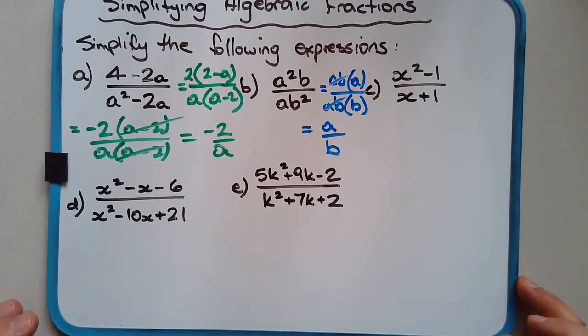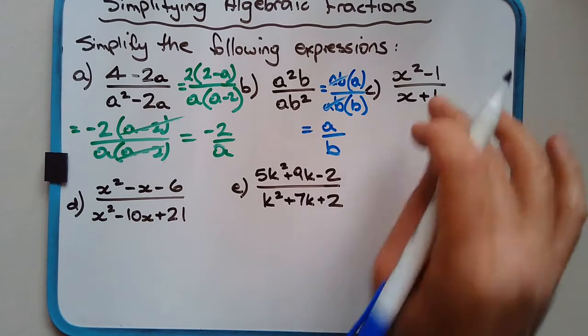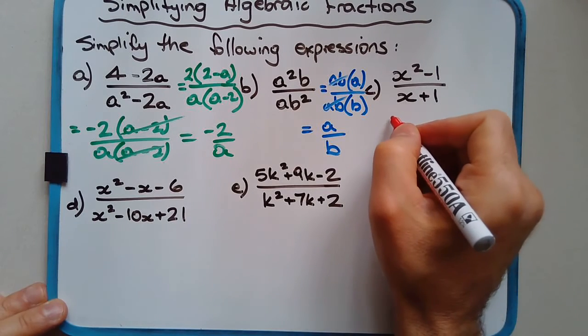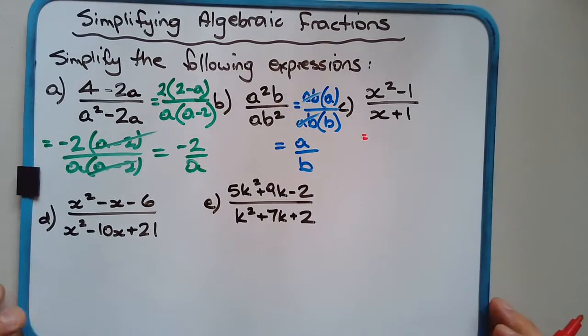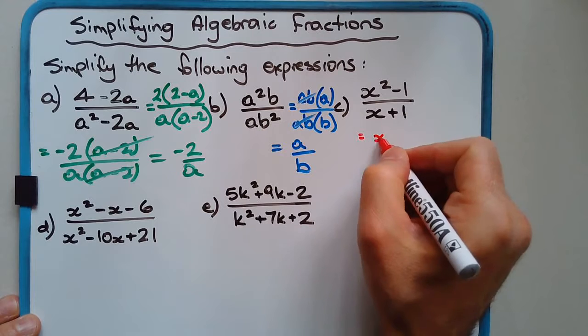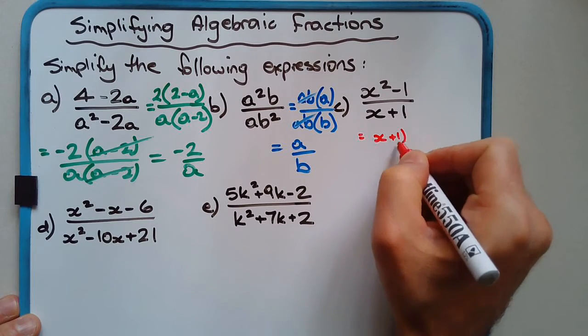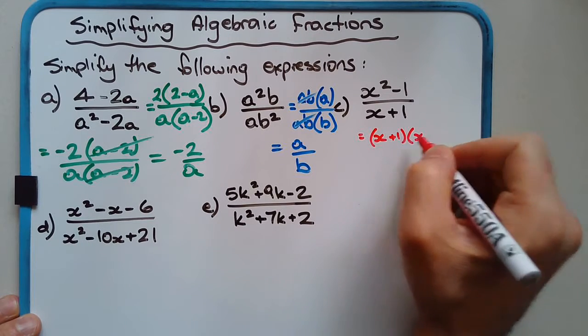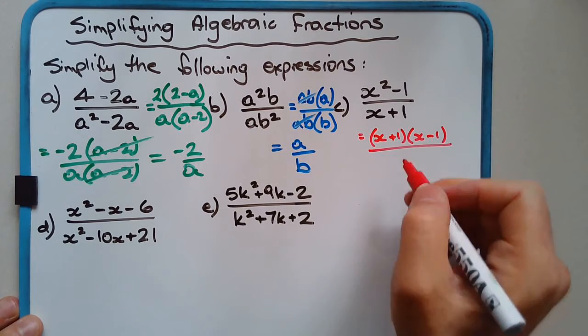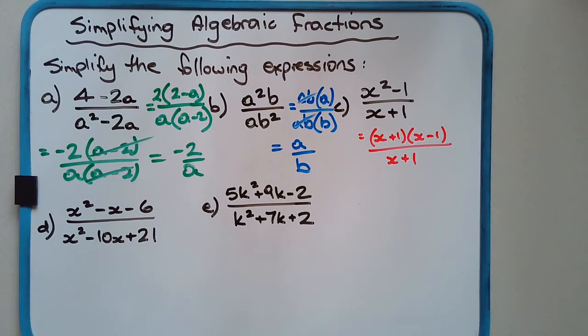Okay, x squared minus 1 over x plus 1. What do you think? Now you can see there from the numerator that it looks like a difference of two squares. So why don't we factorize the numerator first? x squared minus 1 could be expressed in factor form as x plus 1 multiplied by x minus 1, over x plus 1.